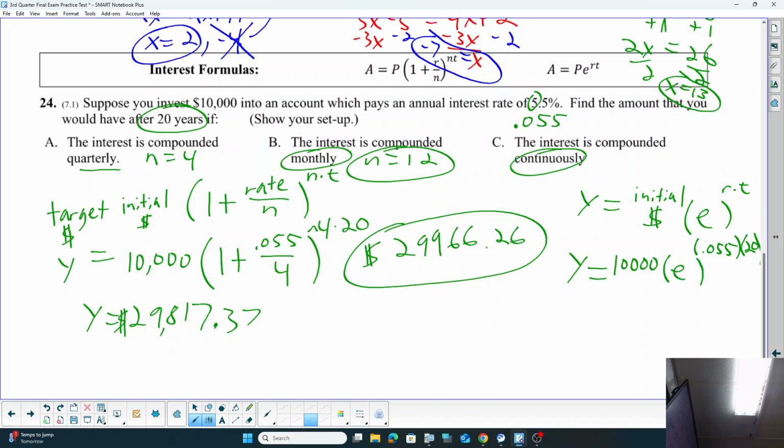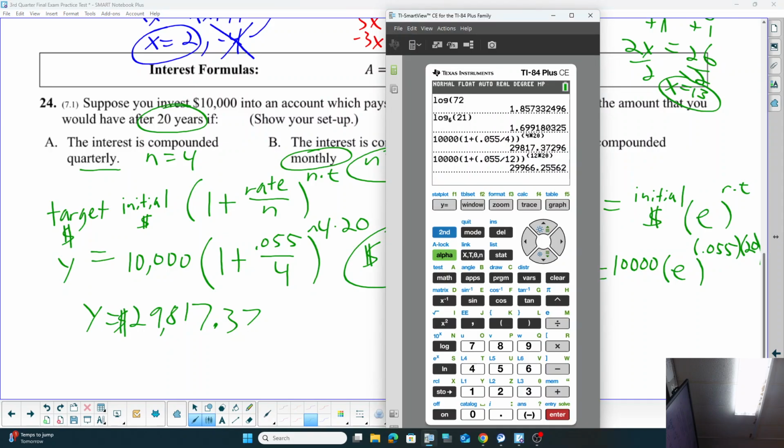And that's just a faster way to compound continuously. So 10,000 times, we got a second e, close parenthesis, to the 0.055 times 20 years.